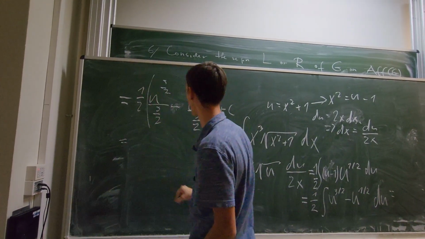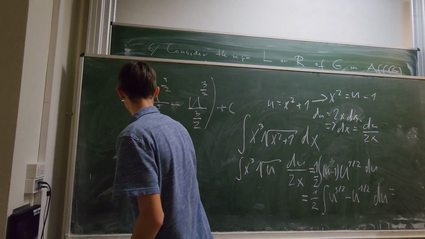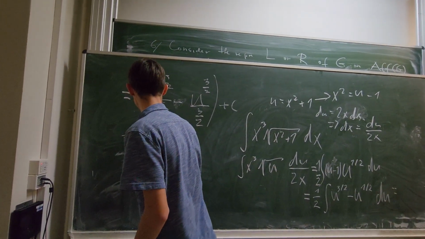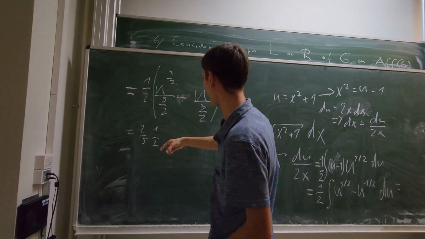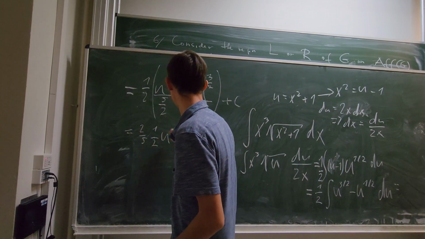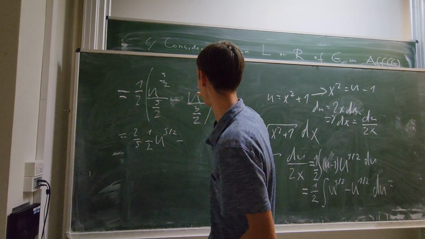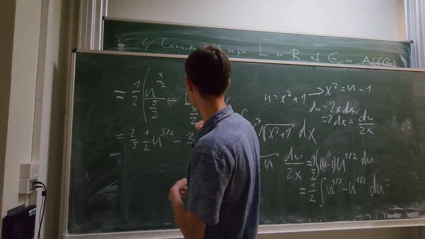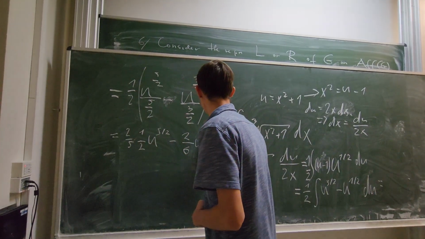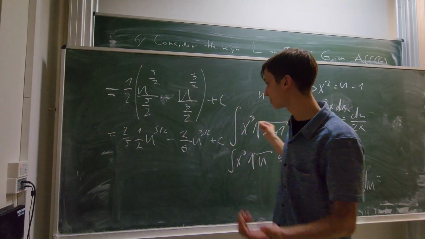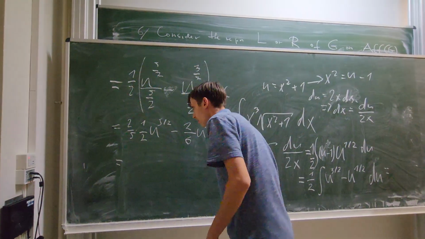And over 5/2, it's 2 over 5 times 1/2, just to do it slowly and not mistakenly. So 1/2 times 2/5, u to the 5/2, minus 1/2 times 2/3, u to the 3/2, plus c, and then just substitute back what u was, and indeed this can be verified as the correct result.